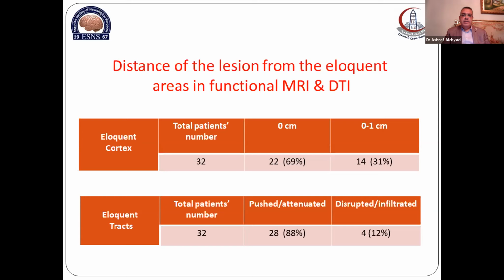The eloquent tracts were pushed or attenuated in about 90% of cases, while they were disrupted or infiltrated in 12% of cases. Most diffuse low-grade gliomas actually push or attenuate the subcortical tracts rather than infiltrating them as in high-grade tumors.